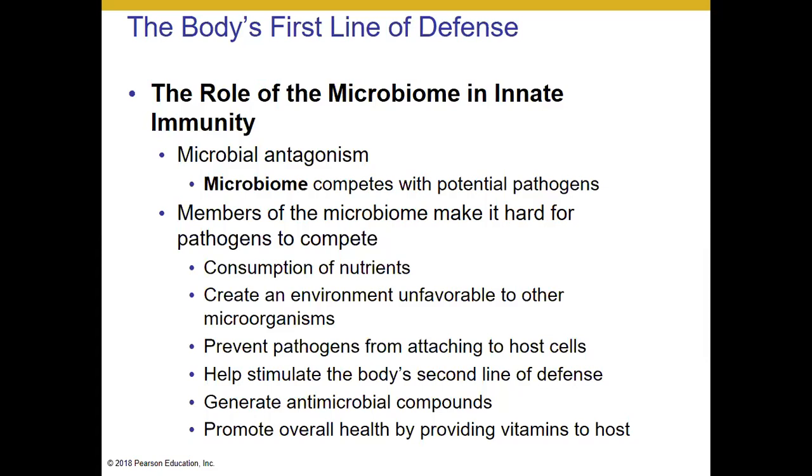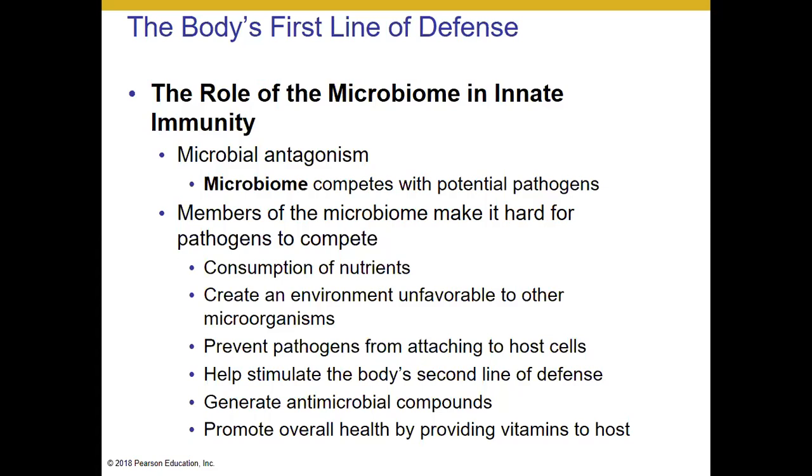So when space is being occupied, there's also consumption of nutrients. In some cases, there's not much of a difference between what bad pathogens want and what good microbes want. And by eating it before they can get to it, you take their nutrient source, creating an environment that's unfavorable to other microorganisms.